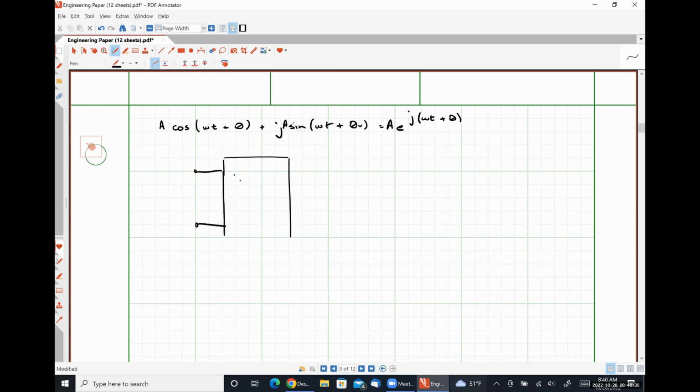So if we have a linear black box network, and we apply some input signal x of t on the left-hand side, could be a current or a voltage.